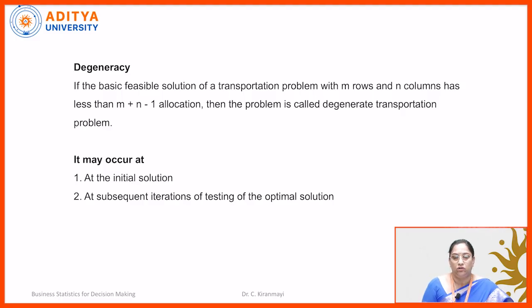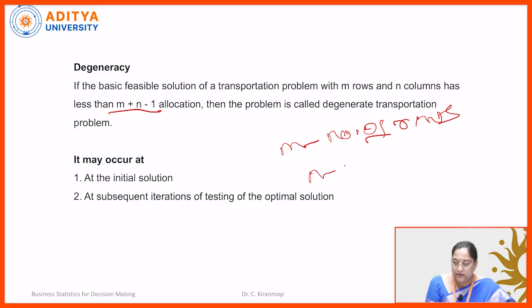So, how to find out degeneracy? We have three methods to find the initial basic feasible solution: the VAM technique, the northwest corner method, and the least cost method. Using any of these three methods, we find the initial basic feasible solution. After finding it, we use the formula m plus n minus 1, where m represents the number of rows and n represents the number of columns.